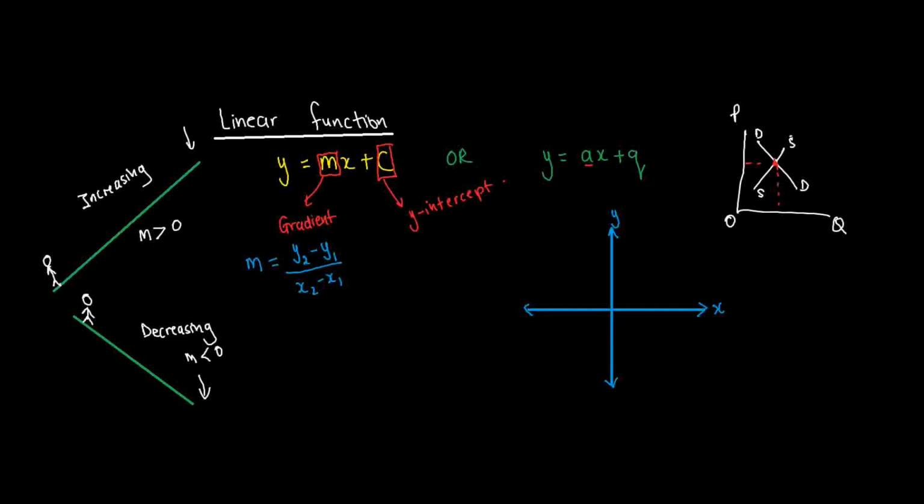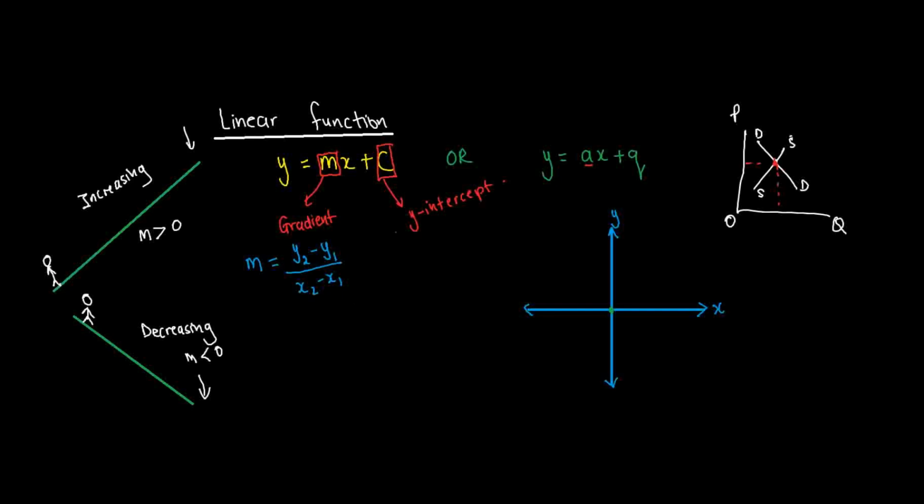This point, by the way, if I plot the coordinate (0, 0), is what we call the origin. It's where the x and y axes intersect. Now, when I talk about the x and y intercept, I mean, if I plot a point and it touches this horizontal line, we call it the x-intercept. And when we find the x-intercept, you might notice the y-coordinate is always 0.